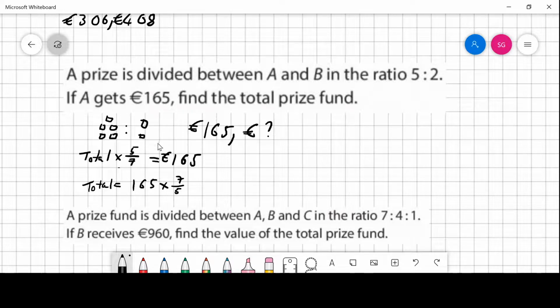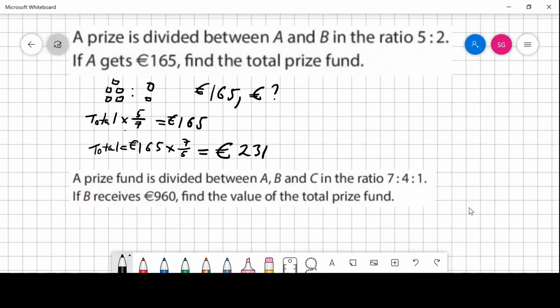Whichever system is easiest for you girls, feel free to use that. And then all we do is go, okay, 165 multiplied by 7 divided by 5. That should end up giving us a total equal to 231.